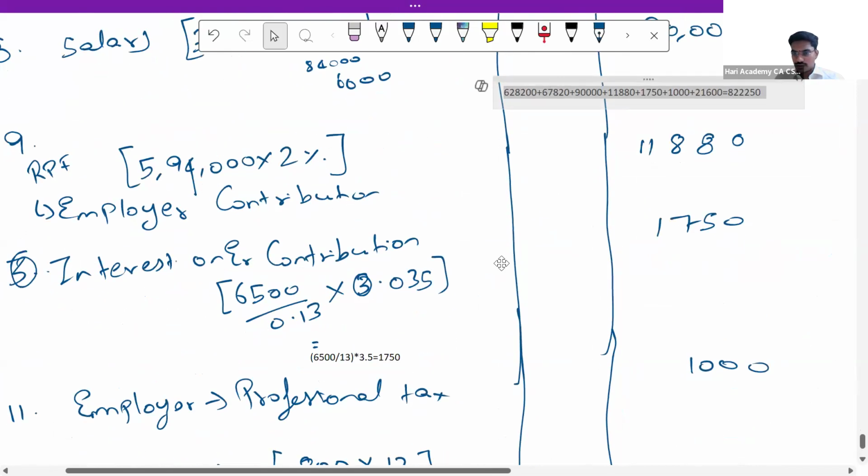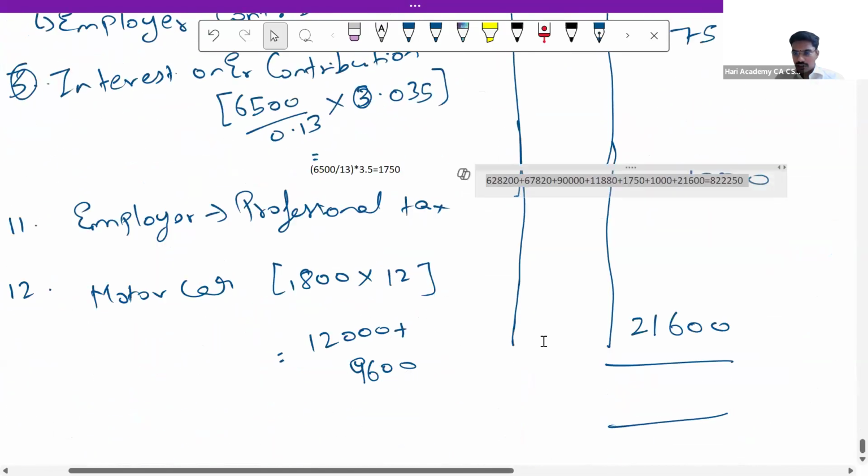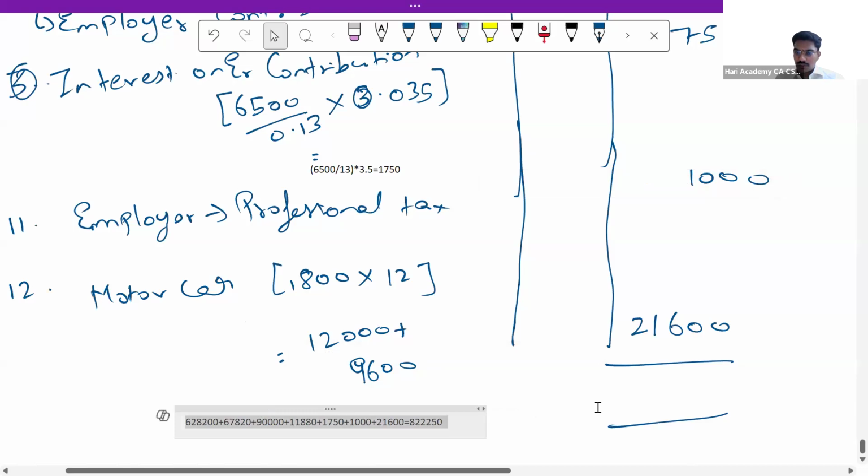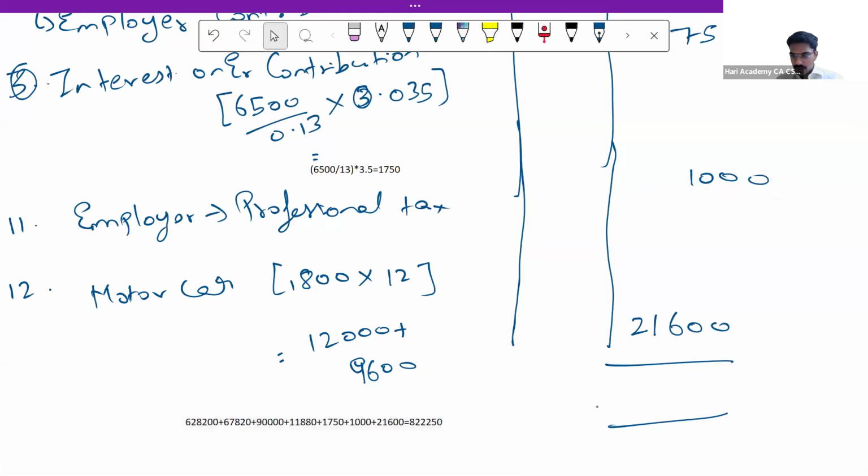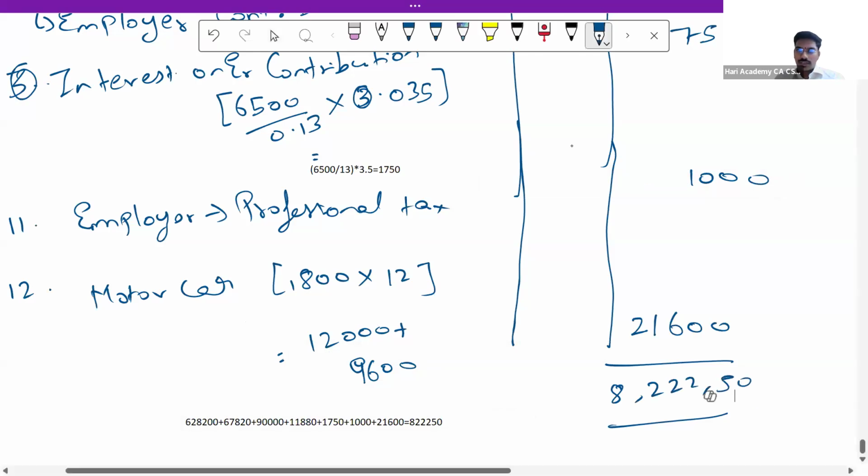This is the total. So it is going to be 8 lakhs 22,250. This is the total taxable income. Hope we are clear on this point.